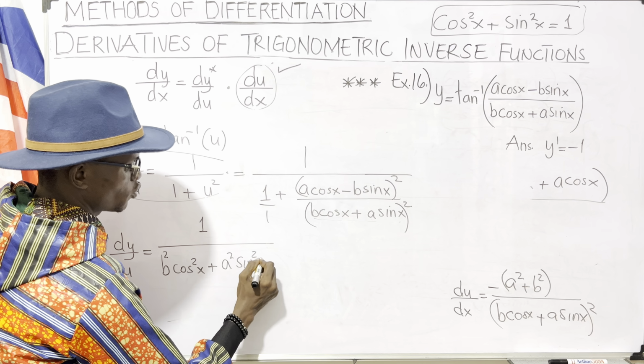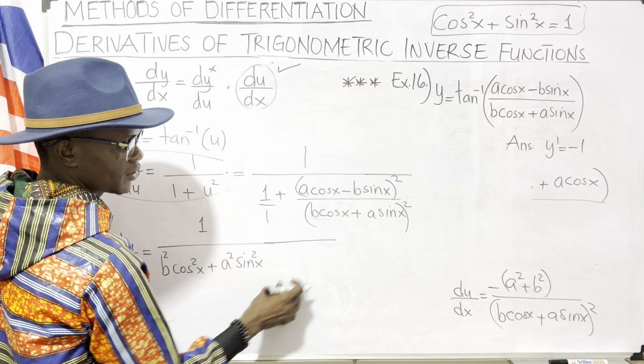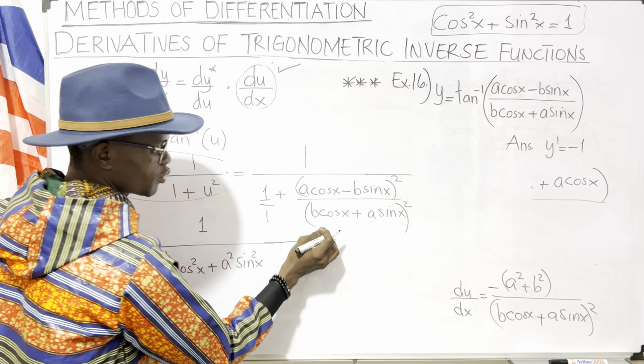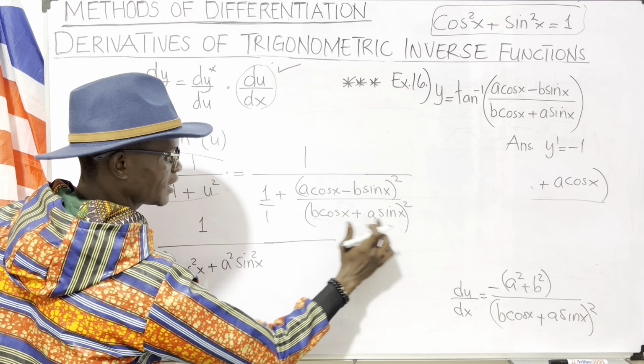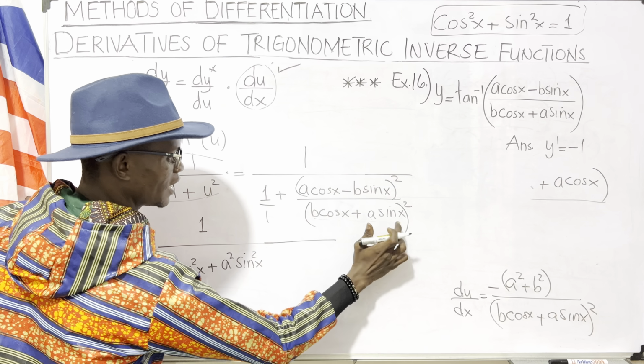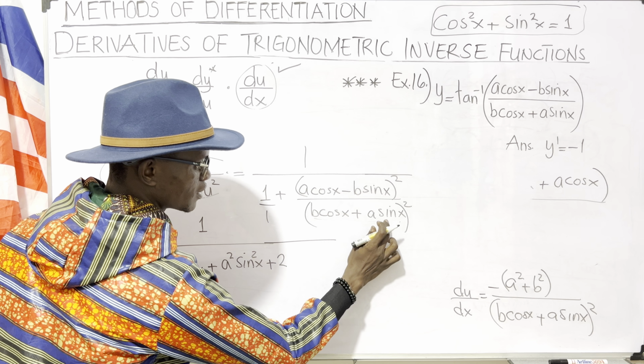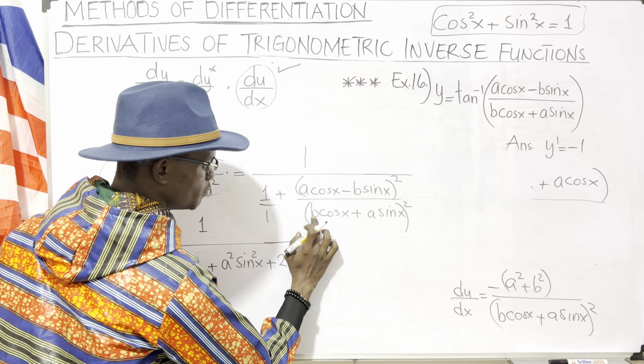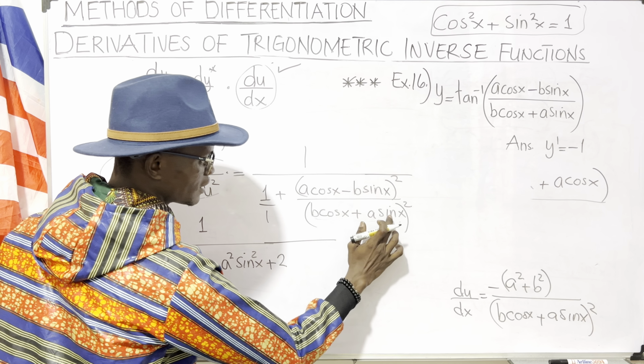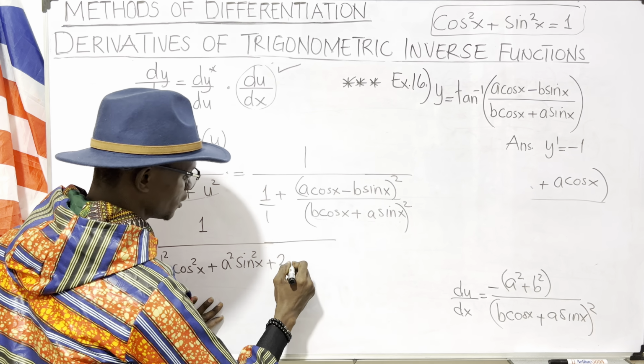Then we multiply this and this, and we attach 2 to it, because it's going to be twice. So 2 times this times this. So b cos of x times a sine of x is just 2ab sine of x cos of x. So that's one of the easiest ways to do it.